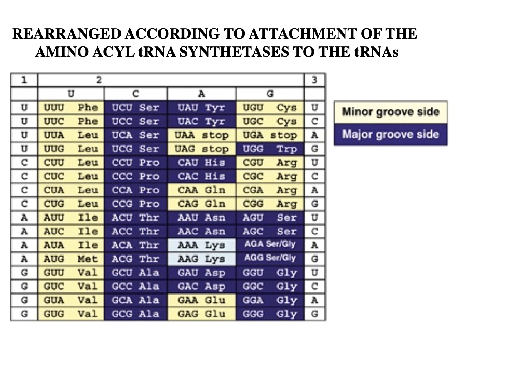Also, if you organize this according to whether the aminoacyl tRNA synthetase attaches to the minor groove site versus the major groove site of the tRNA, you can see that that same pattern is there, and it's even further strengthened or further confirmed in this table as well.